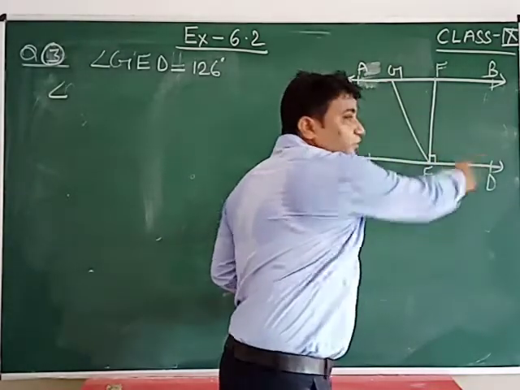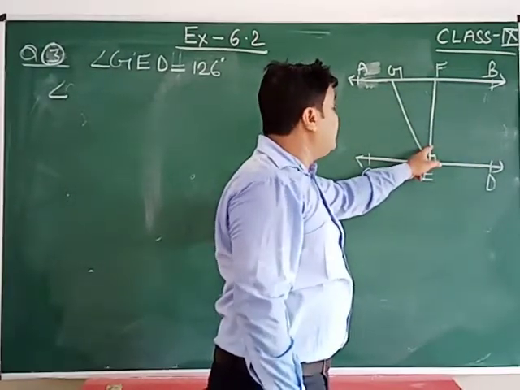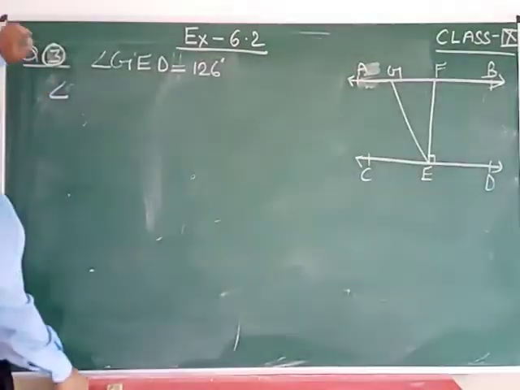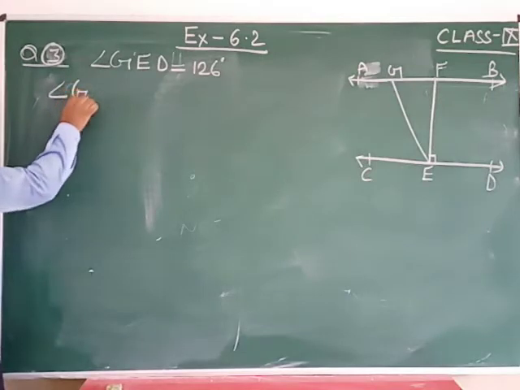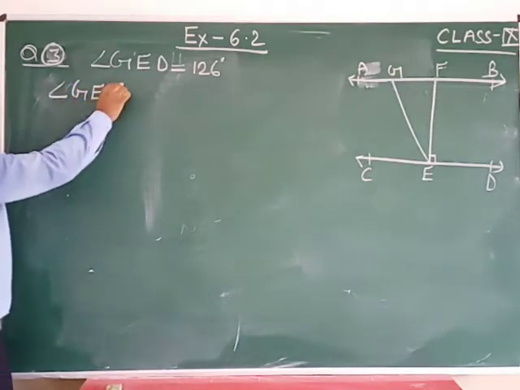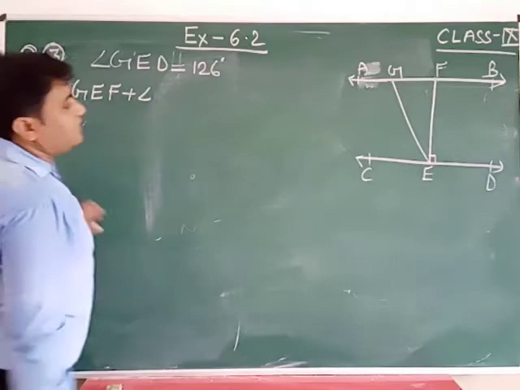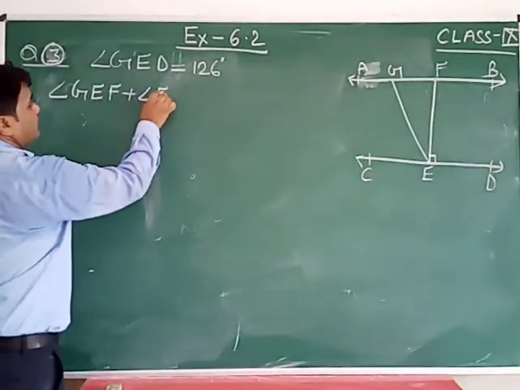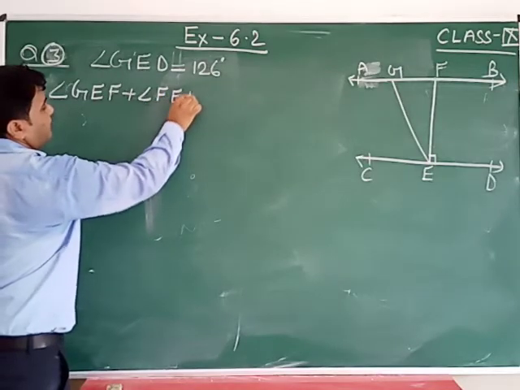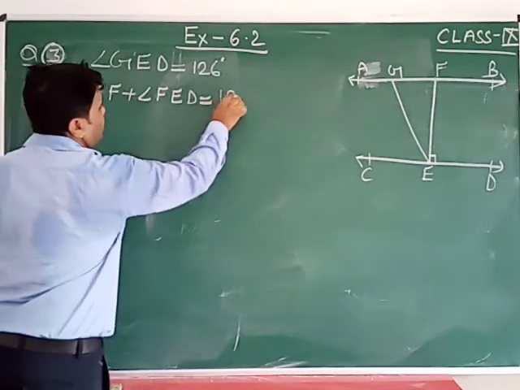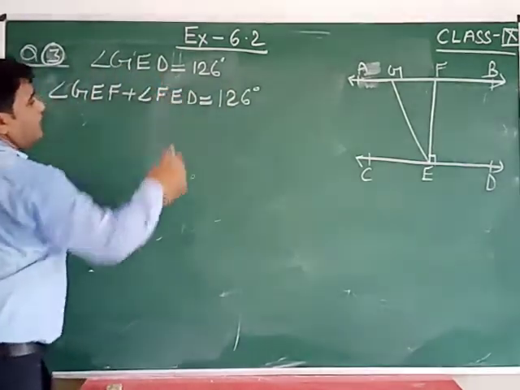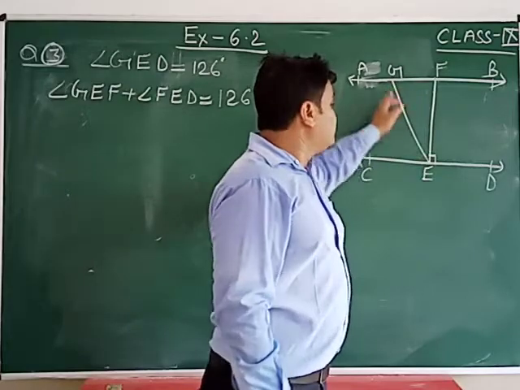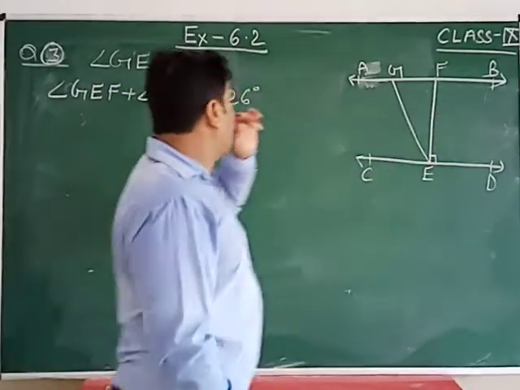Note down: angle GEF plus angle FED equals 126, because you are writing angle GED in broken form in this way.